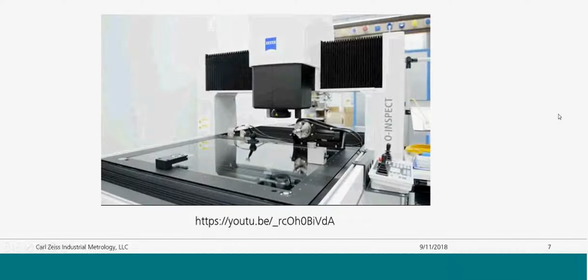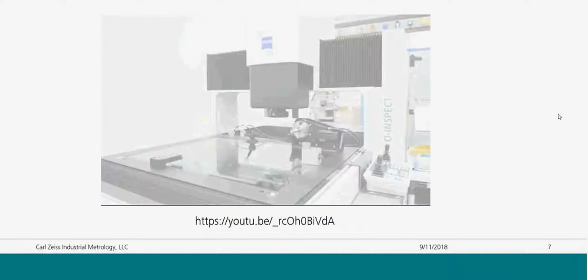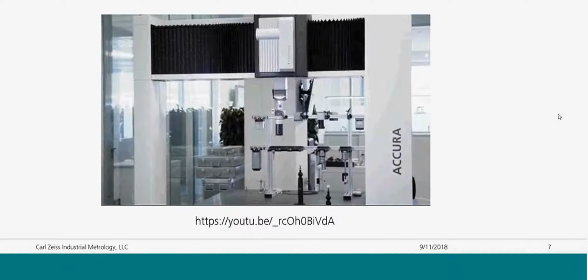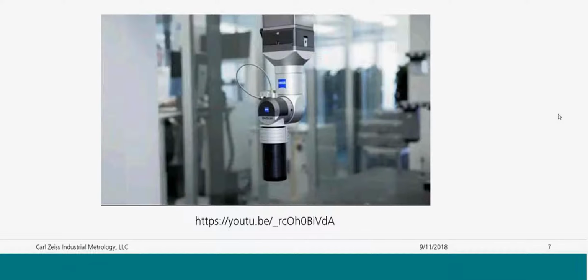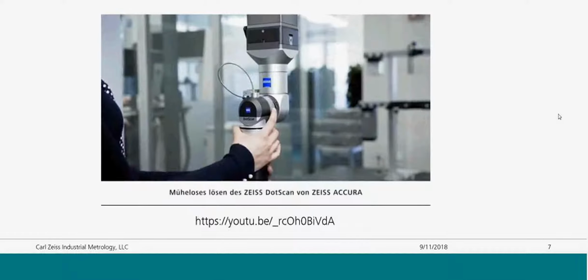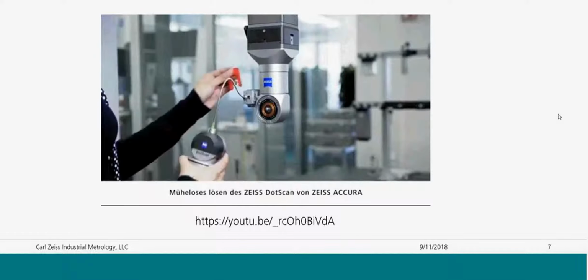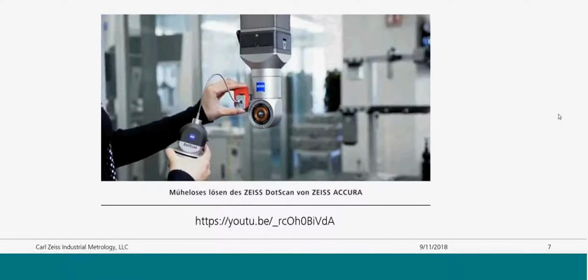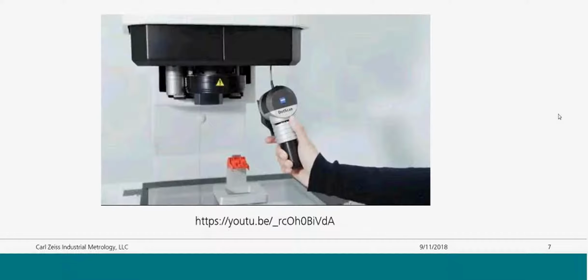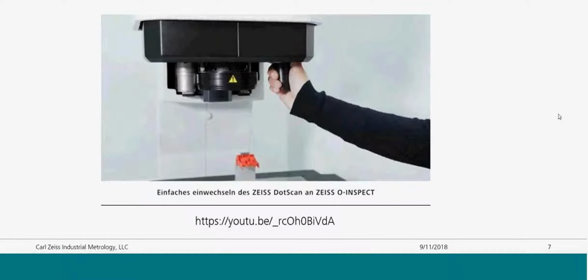I'll do my best to paraphrase here. So you can see here a view of the Zeiss O-Inspect. So the Zeiss dot scan is capable of a wide variety of applications, and it's very interchangeable, customizable. So you can take it off of a CMM like the Zeiss Acura, move it to the Zeiss O-Inspect. So you can see here.